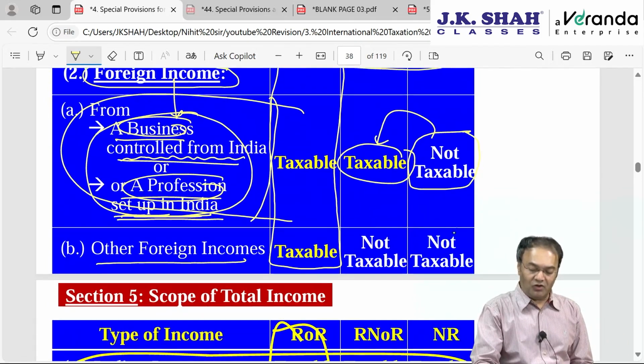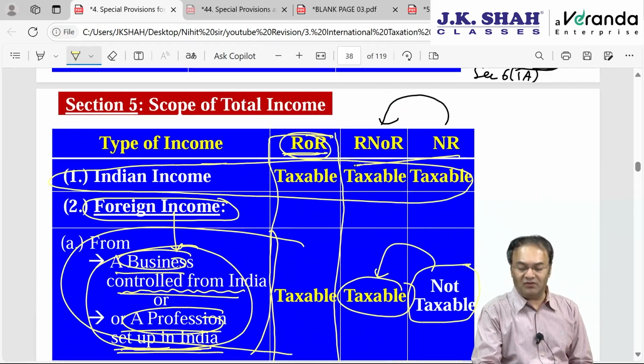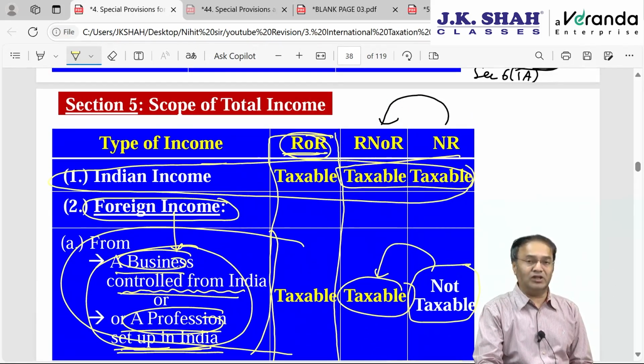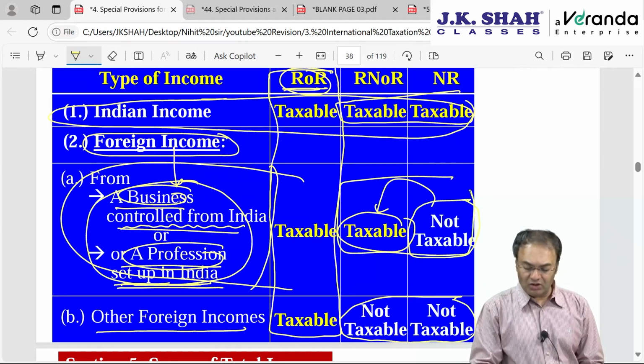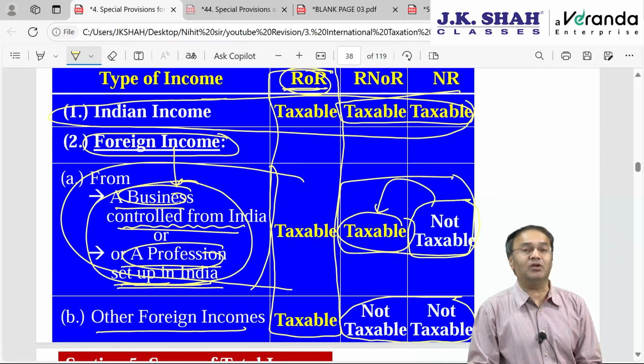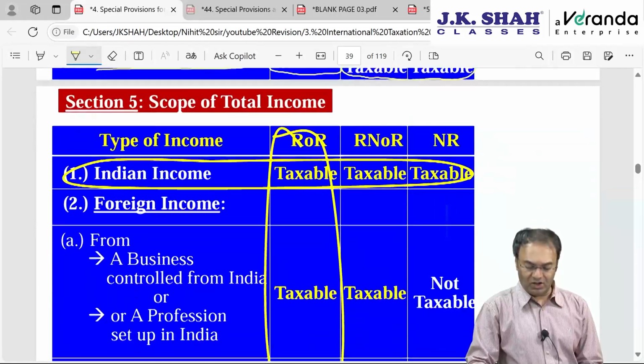Otherwise, other foreign incomes are not taxable for RNOR and not taxable for NR also. And Indian income, you know, is taxable for everyone, whether the person is NR or RNOR. Indian income is always taxable for everyone, right? So this is the loophole, this is the place where it will make a difference. So Nirmala Sitharamanji wanted to capture these people.